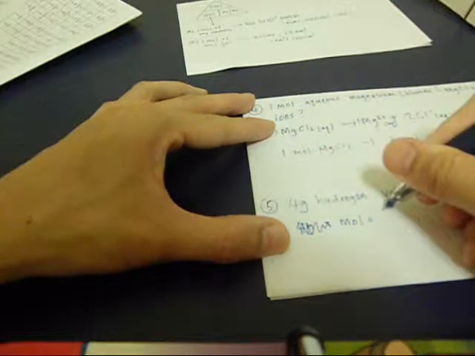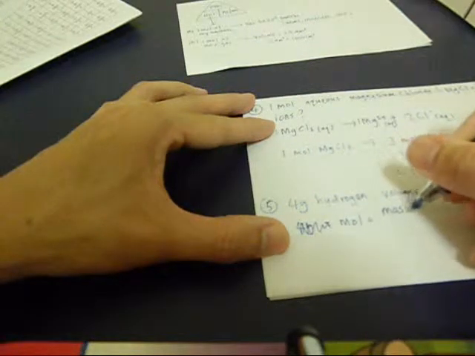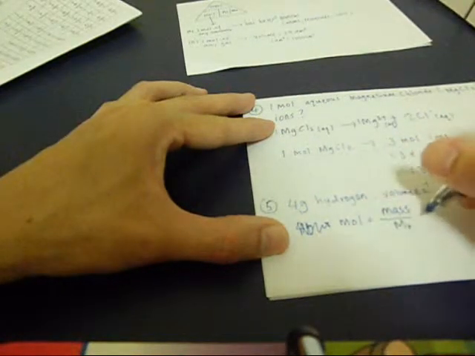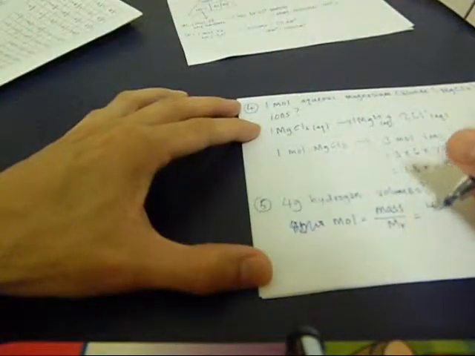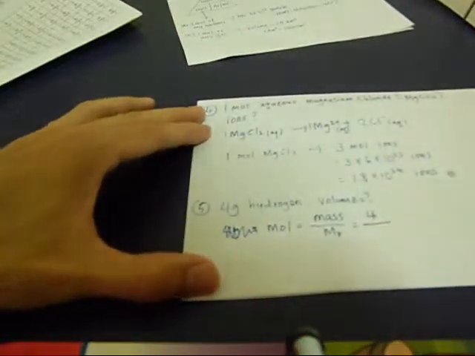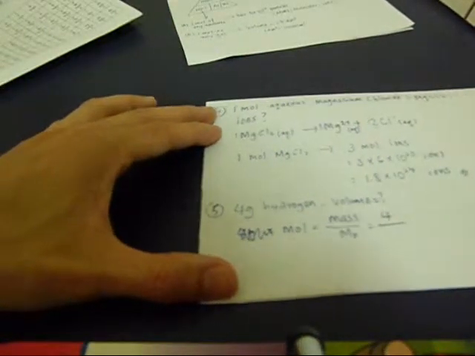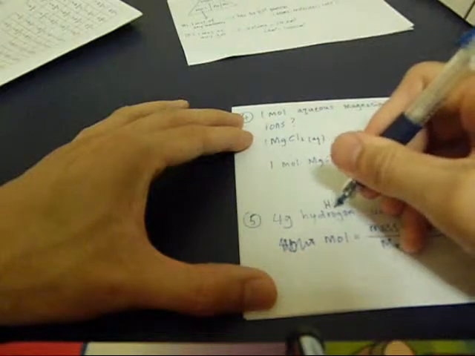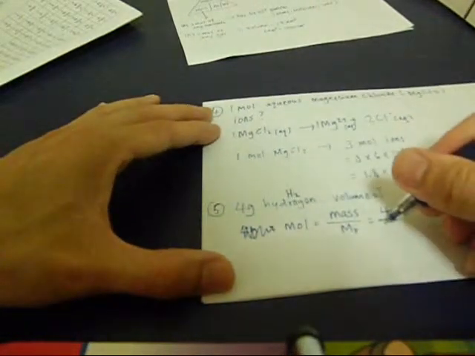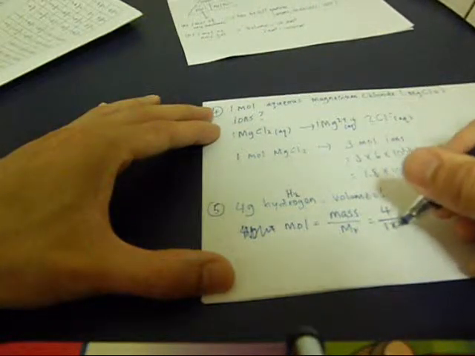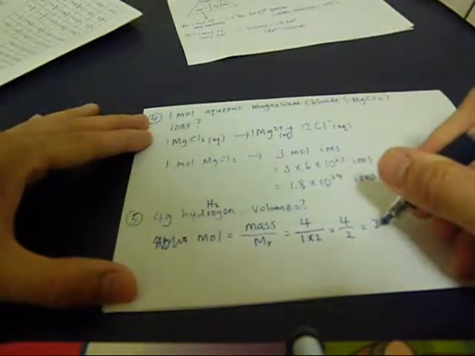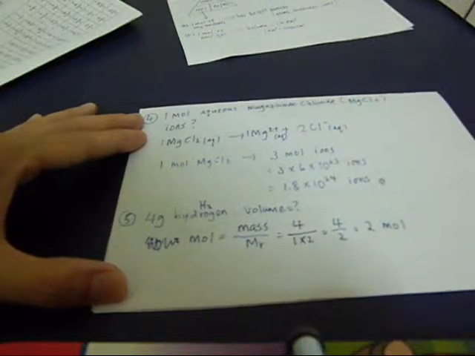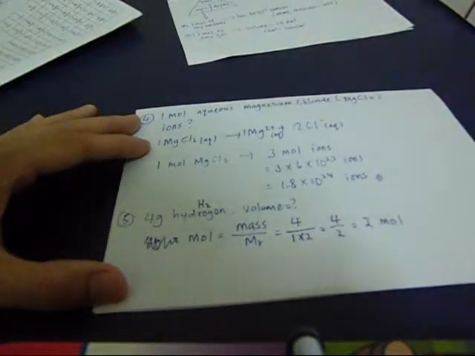Mole is mass divided by mR. The mass in this case is 4 gram. What is the mR for hydrogen? Hydrogen is H2, so the mR is 1 times 2, which is 2. So 4 divided by 2 is 2 mole. You have 2 mole of hydrogen.